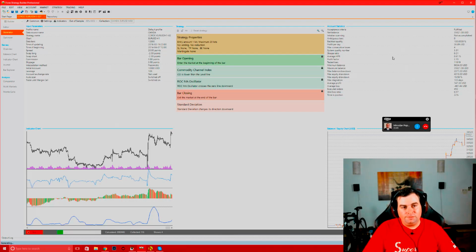This Forex Strategy Builder creates a real out of sample. Actually, when you switch that on, let's say you set 30% out of sample, it cuts out the last 30% of the data and uses only the first series for calculating.